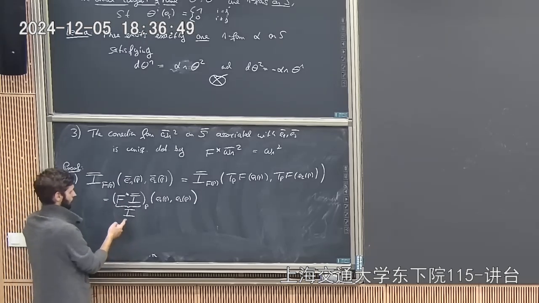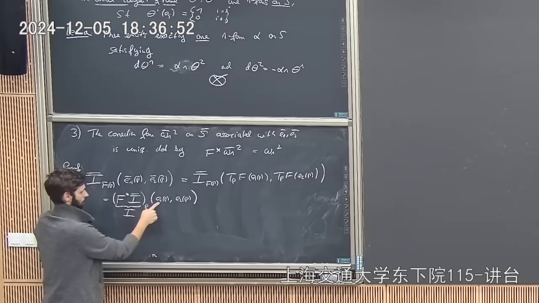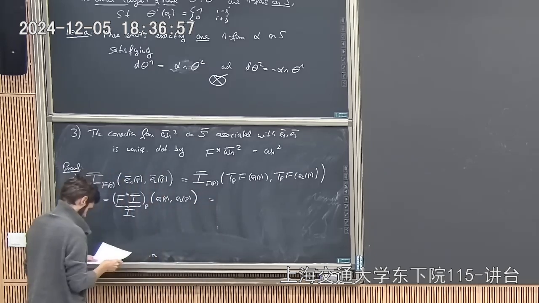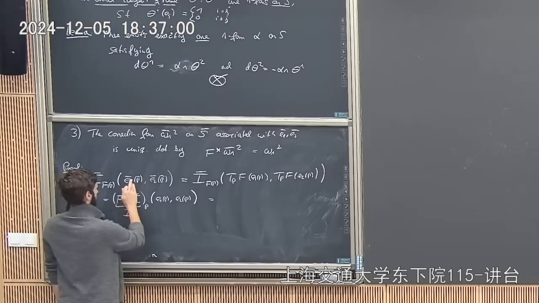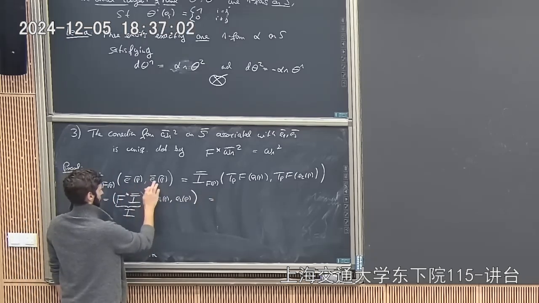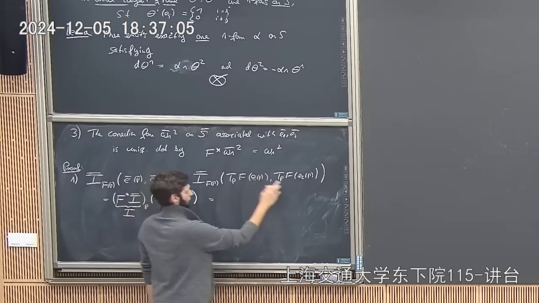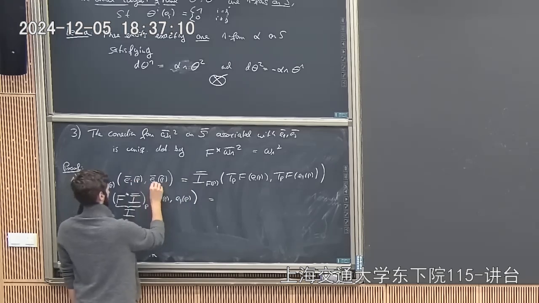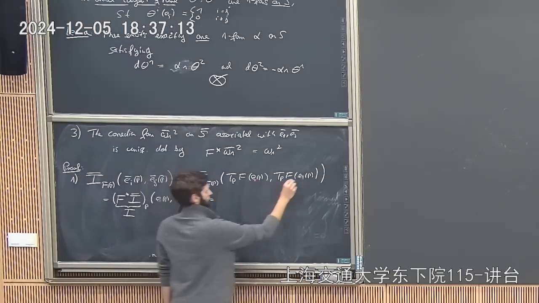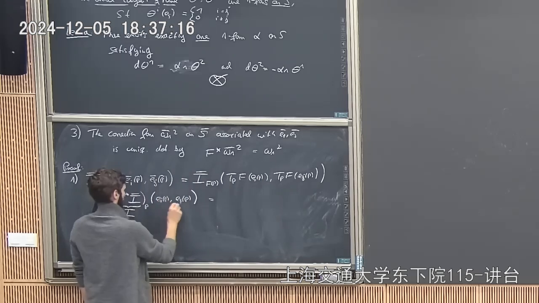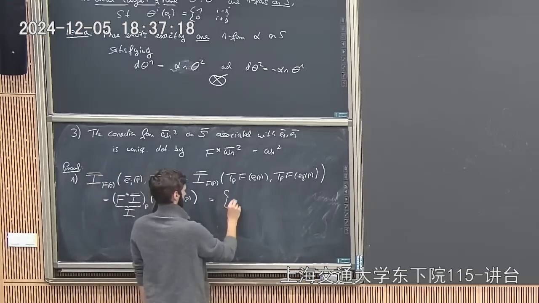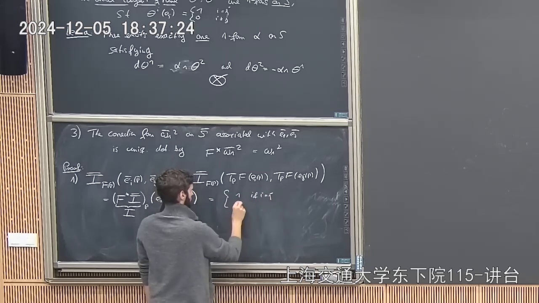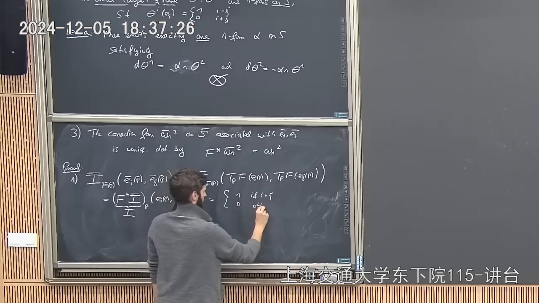But it's nice because we know that I applied to E1 and E2 just gives us 0. So now let's do the same acrobatics for I and J. So it would be I, J, I, and J, I, and J. So that gives us 1 if I equals J and 0 otherwise.